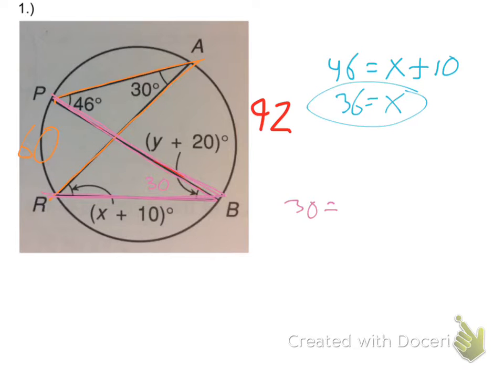So 30 equals y plus 20, or y equals 10 degrees. All I'm doing is using the fact that I have inscribed angles. Inscribed angles are half the intercepting arc, or the arc is twice the inscribed angle.